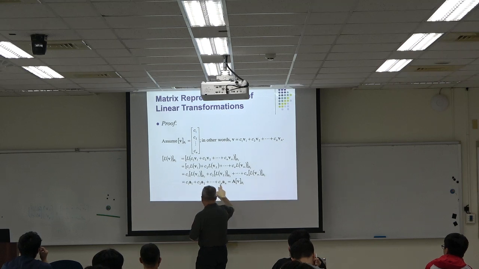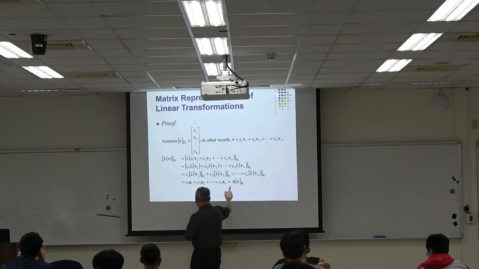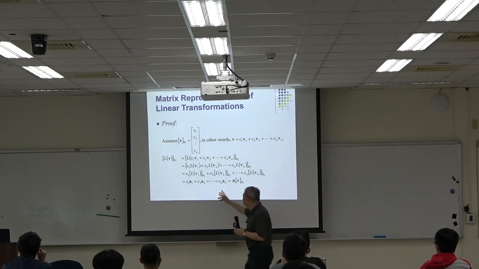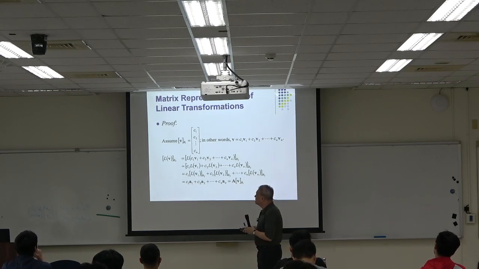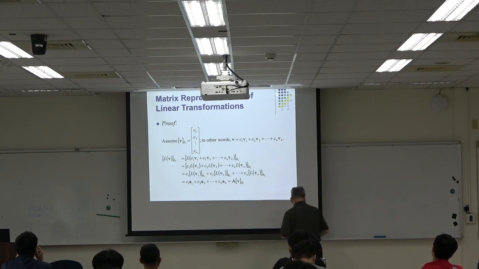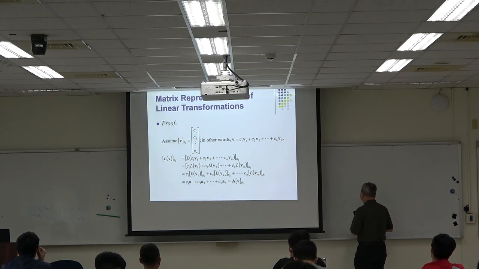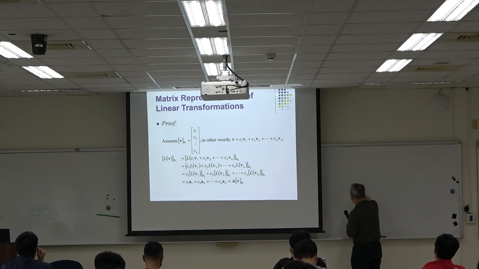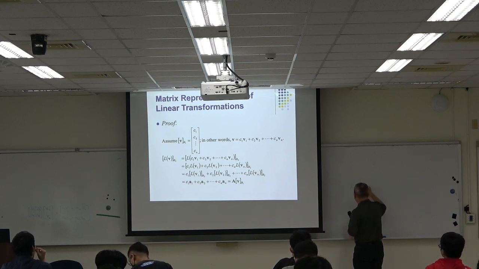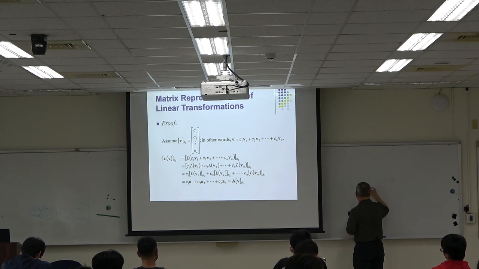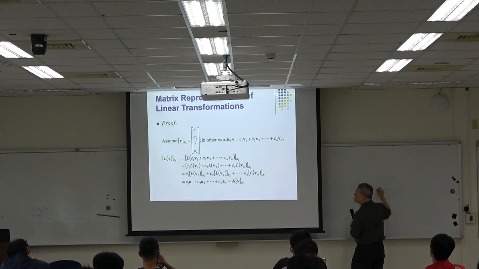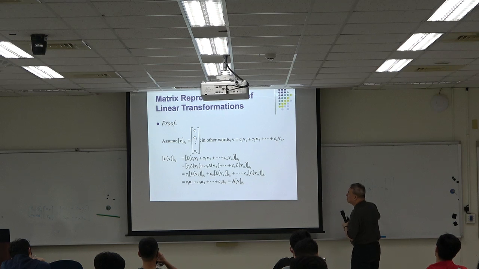So if it's like this, remember each of these is a column vector. According to the definition, this is basically A. Remember this A is made of a1, a2, up to an.